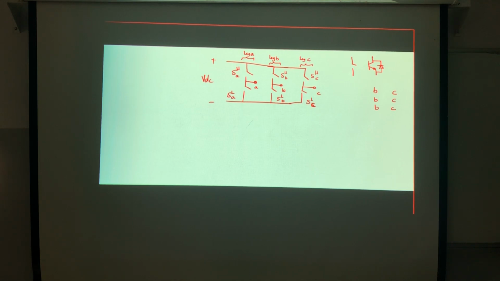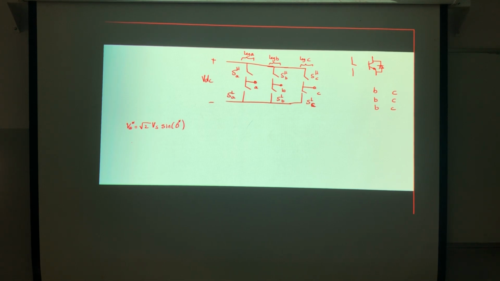So now leg A gate pulse is generated from A reference. Remember, we constructed the three references. The first one is VA reference, which is square root of 2 VS sine theta star.